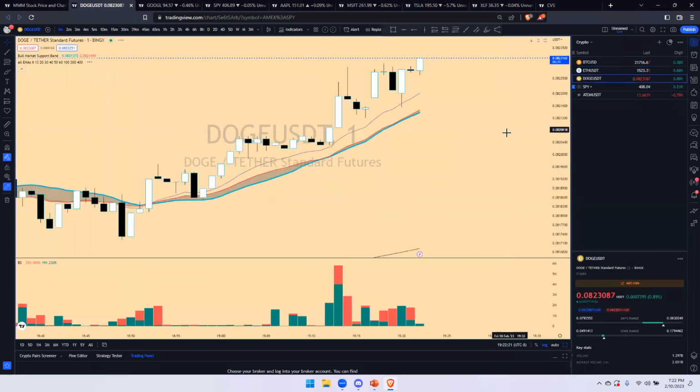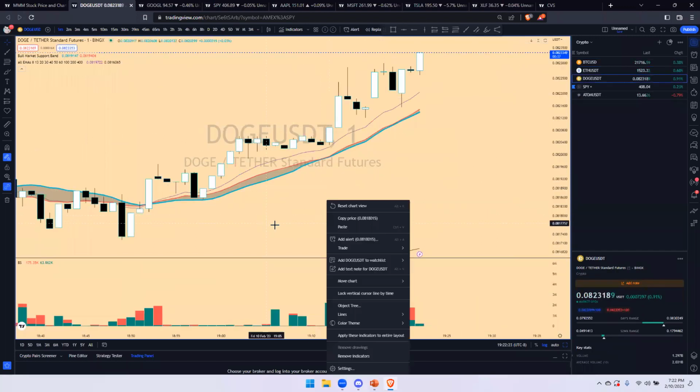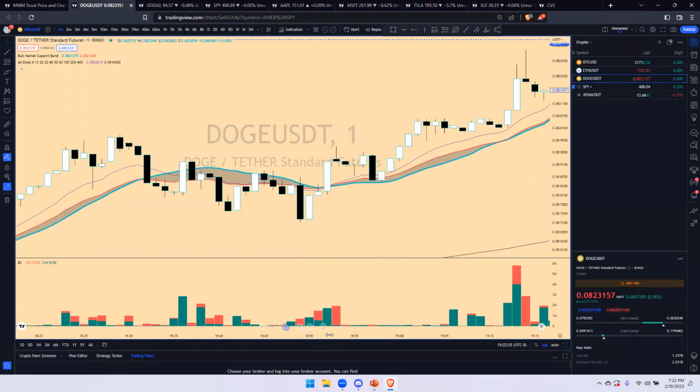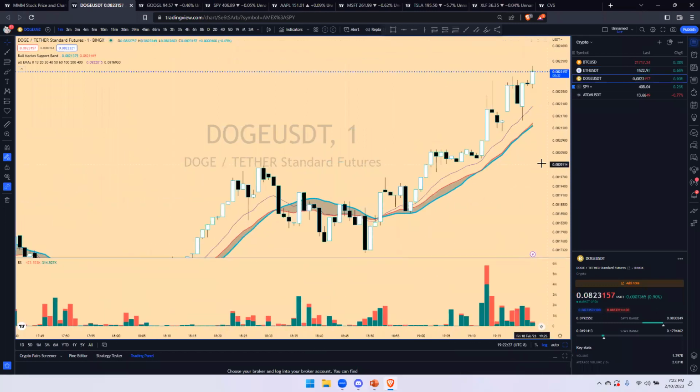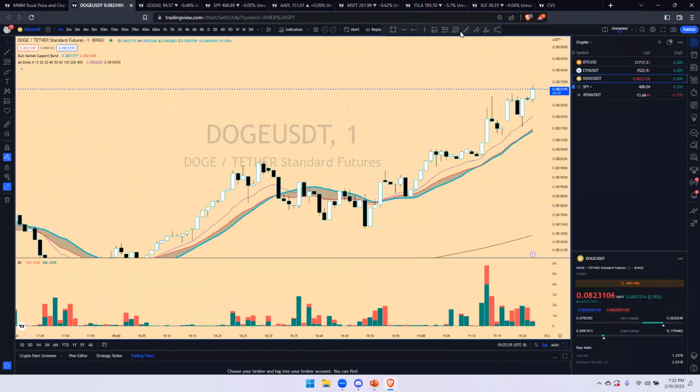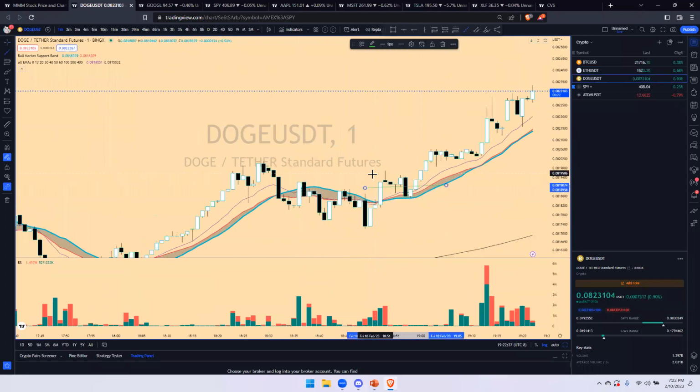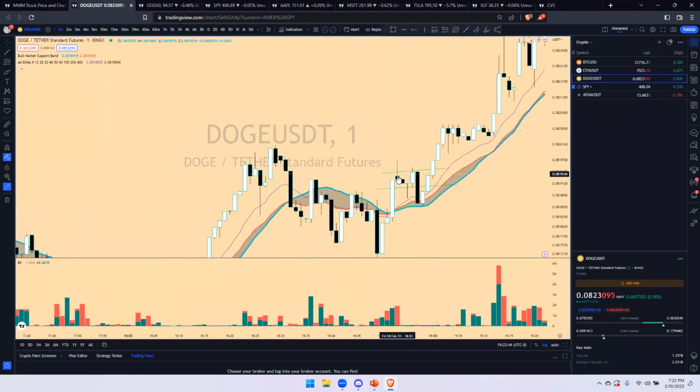Let's look at it on Doge. Here it is on Doge. Same thing, we're on Doge 1 minute. It's kind of funny. We do get the bull flag here on the 1 minute on Doge. The bull flag broke, but we held this as support. We held the SMA as support, and then we kept going.